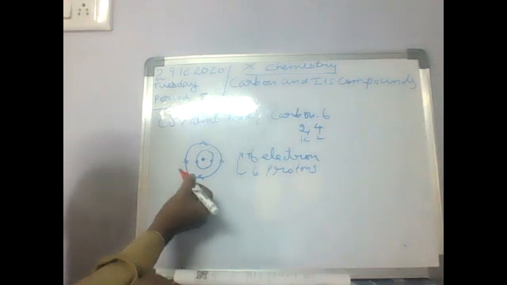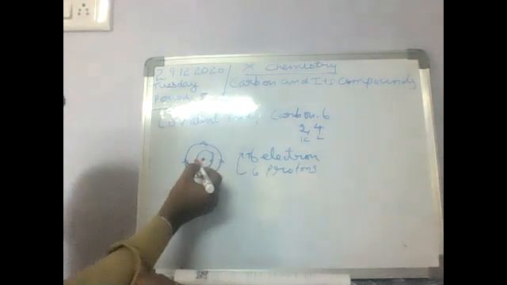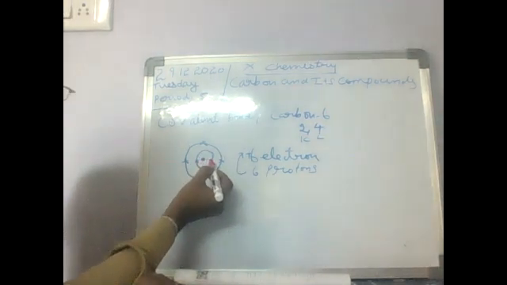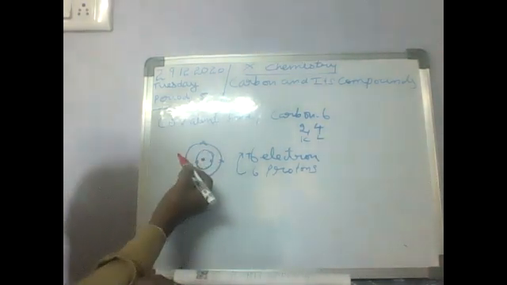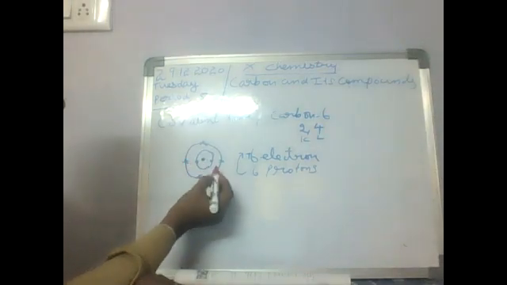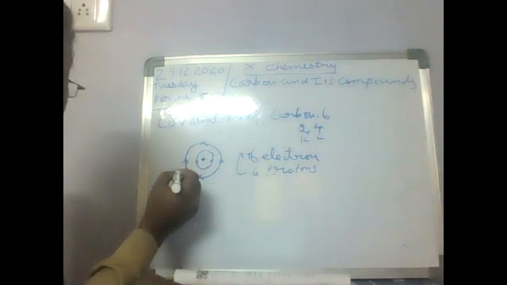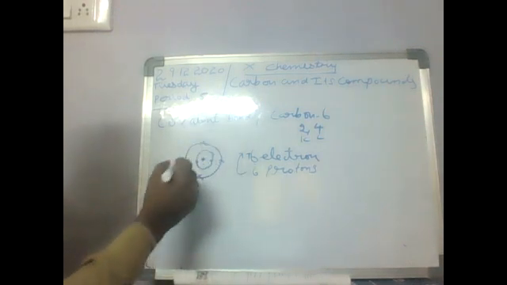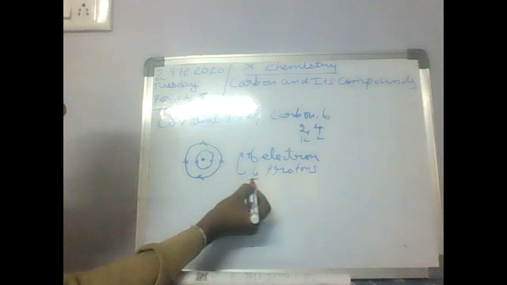Similarly, suppose we remove the four electrons, then the first orbit will contain two and the duplet will be completed. But it is also impossible to add four electrons. Why? Because the number of protons in the nucleus is only six.